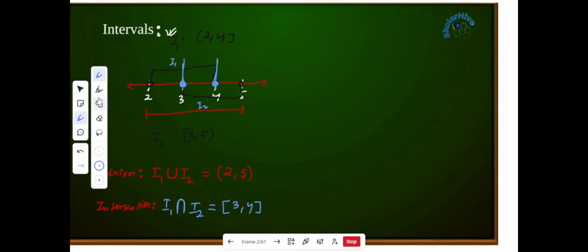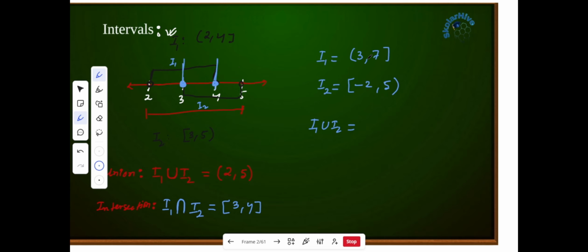Suppose we are given an interval I1 equal to (3, 7], open at 3 and closed at 7, and another interval I2 which is [-2, 5), closed at -2 and open at 5. If we look at the union of these two, I1 union I2, there is a direct way without drawing the intervals.